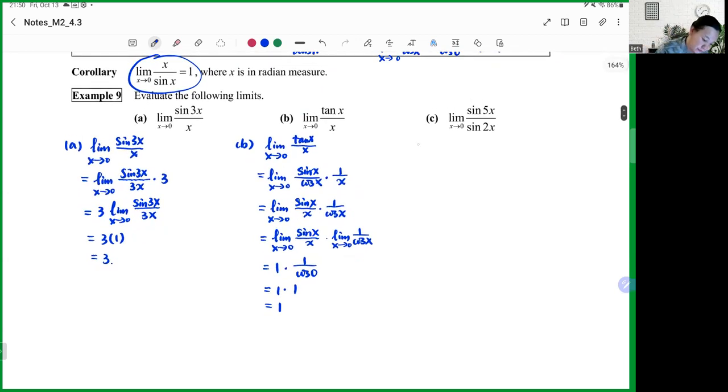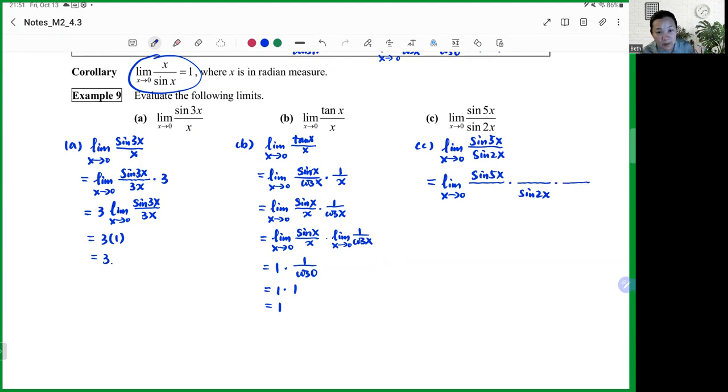Part C. Limit as x tends to 0 of sine 5x over sine 2x. In this case, I will write sine 5x here separately and sine 2x here separately, and then I'm going to write another fraction line because I know I will need them.